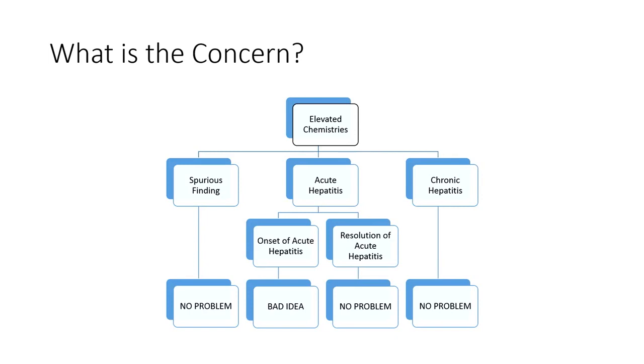If the patient has chronic hepatitis, which is usually mild, and is asymptomatic, it's no problem. However, if it's acute hepatitis in its early onset phase, operating on this patient may be a bad idea, and maybe that's where you pick that patient up. If it falls into the resolution of acute hepatitis, it's no problem. So it's only one circumstance when asymptomatic elevation can actually create a potential problem. Thus, again, history and physical, if negative, just still don't test.